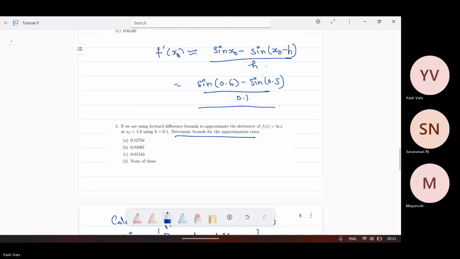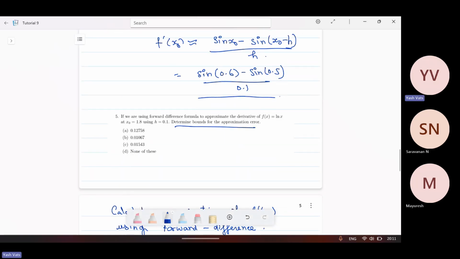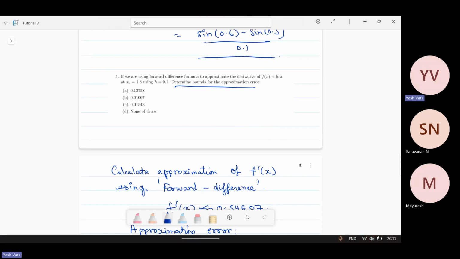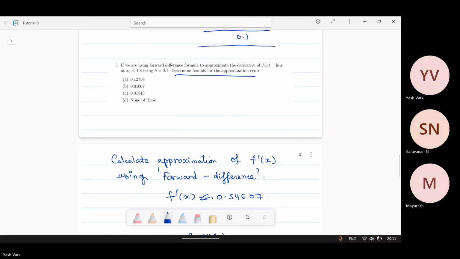So what should be the bounds for the approximation error?